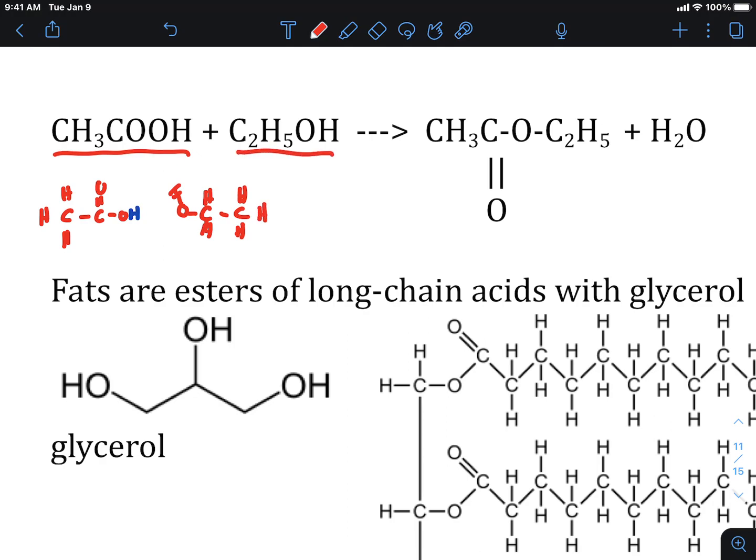All right, that's ethanol. 2 carbons and a hydroxyl group. So what happens is when you react the acid with the alcohol, what do acids do? They give off H+, right?